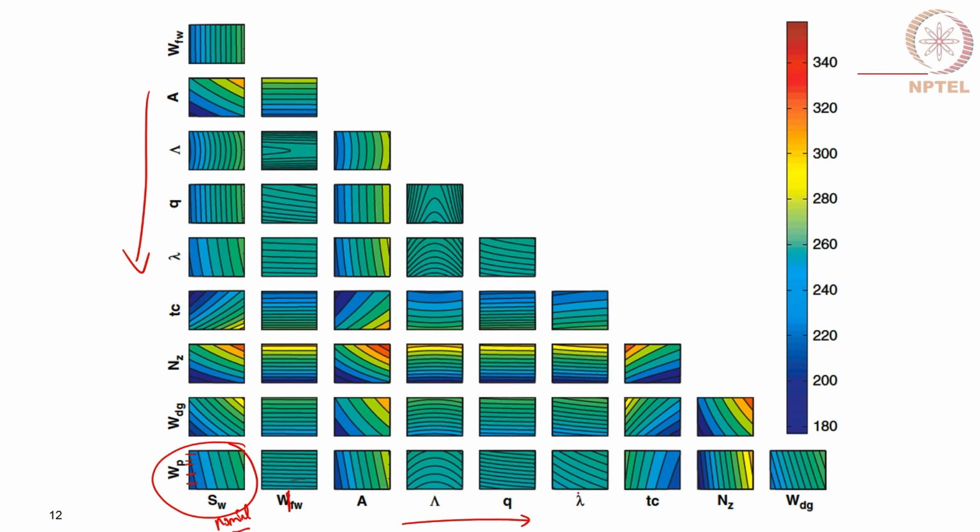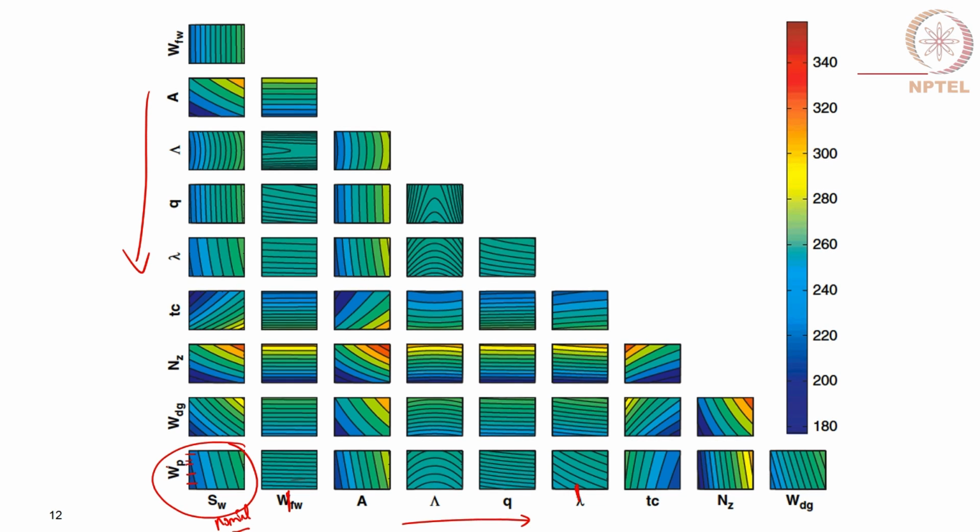I am fixing this lambda at the baseline value, and then I am checking what my WP is by varying it. Similarly, WDG, NZ, TC. So, now what this one says, the legend is the same for all of them.